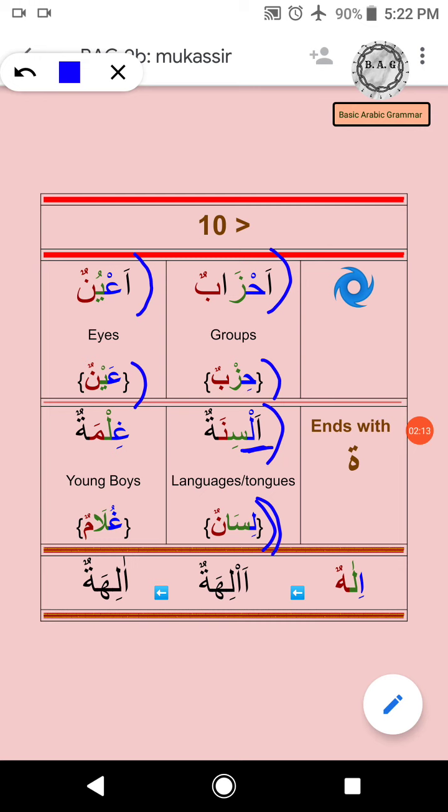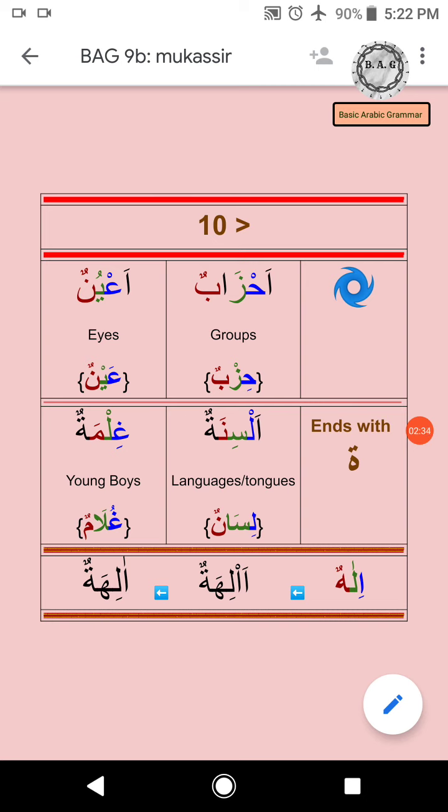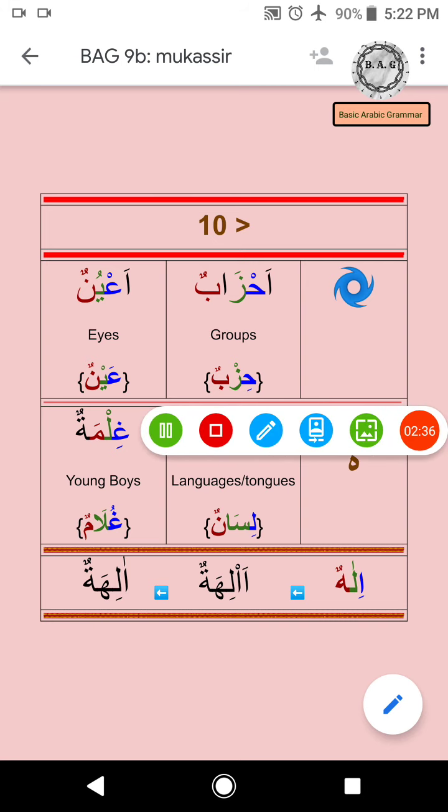This is lisanun, and it means language or tongue in English. And al-sinatun is the pattern. This al is not mu'arraf bilam, but it is part of the pattern. So that's why we also have tanween here. Al-sinatun means languages or tongues.